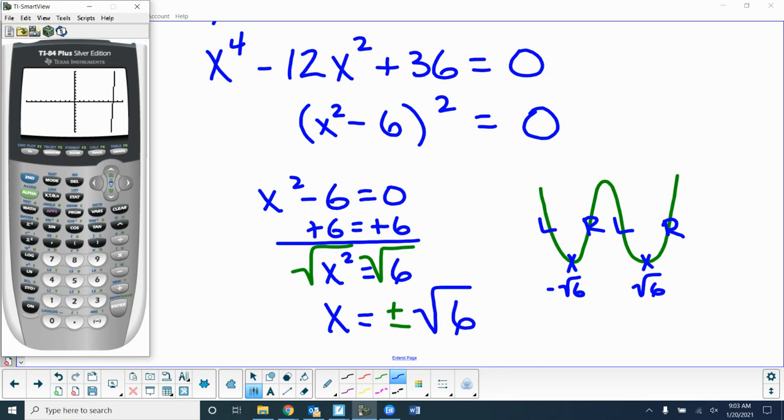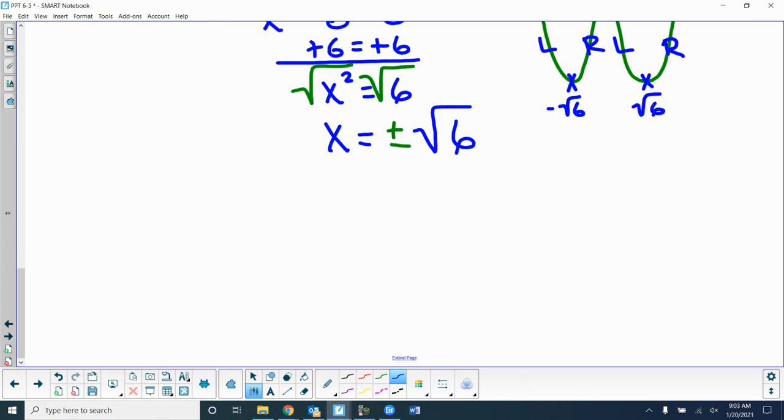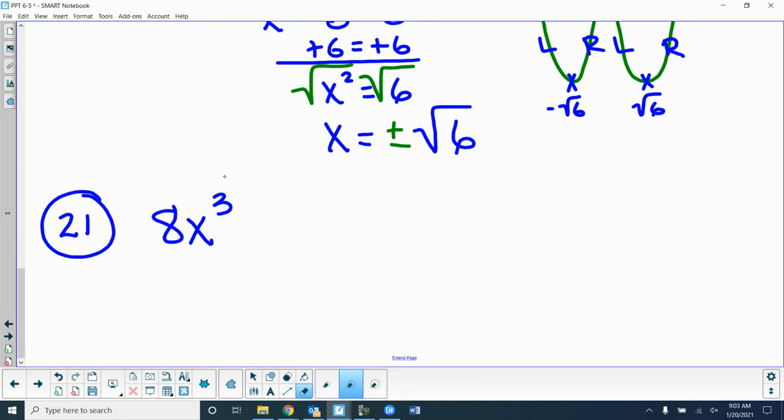So if I were to try to factor this, what could I factor out of it? To start. An 8x cubed? Just squared? Okay, so then I'd have x cubed minus, what's 192 divided by 8? 24?